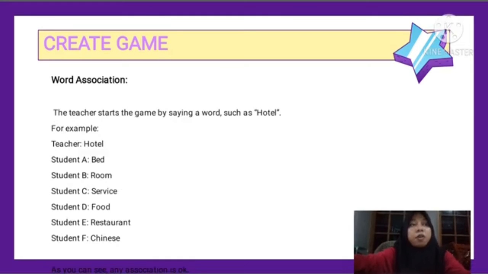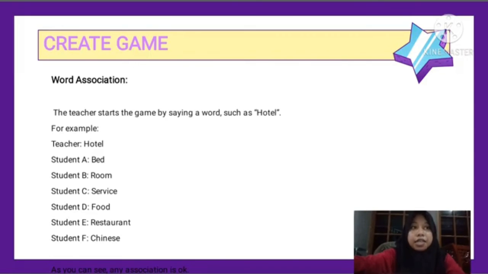Next, word association. The teacher starts the game by saying a word such as hotel. For example, teacher: hotel; student A: bed; student B: room; student C: service; student D: food; student E: restaurant; student F: Chinese.